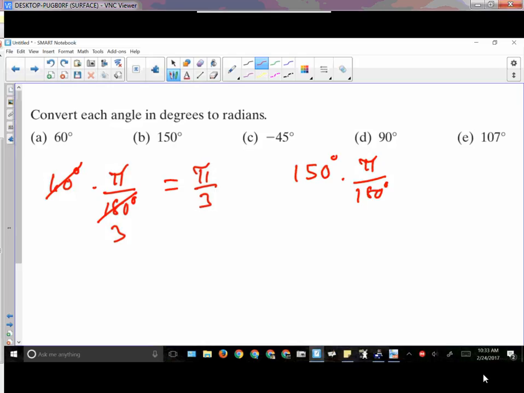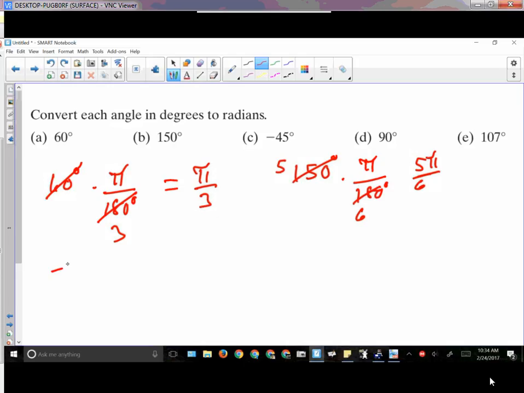And let's see, if I divide this by 3's, this goes to a 5, this goes to a 6. So this is 5 sixths, or 5 pi over 6. And you will see it written that way, where the pi is in the numerator, not next to it.